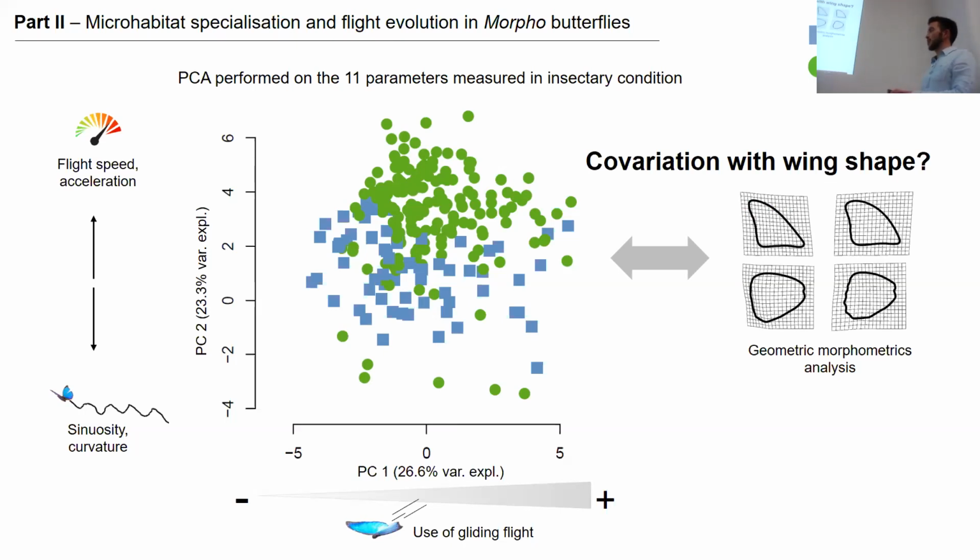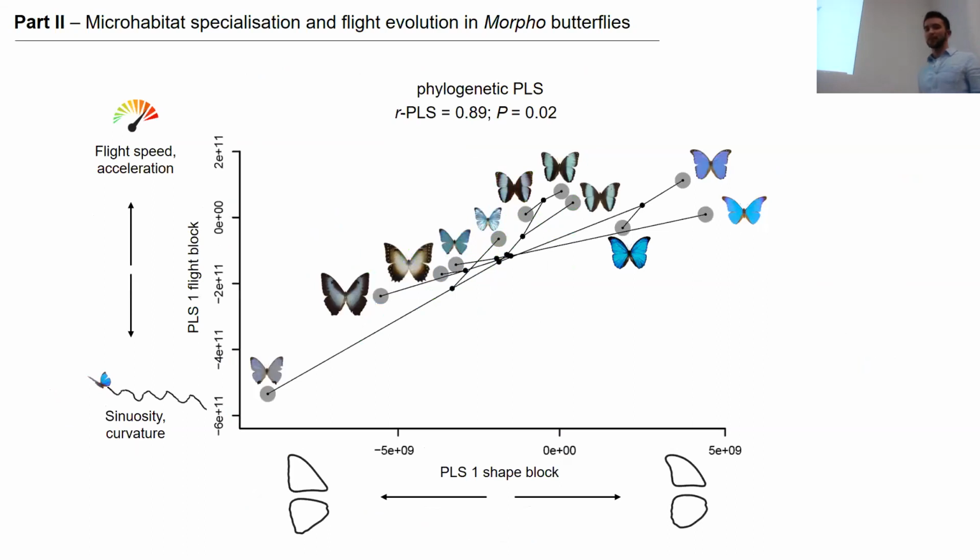So I used both my flight datasets and data obtained from morphometric description of the wing shape, and I performed an analysis that maximized the covariation between the two datasets. And I found this clear covariation between wing shape and flight. So here, each point is a different species, and the black lines are the phylogenetic relationships among them.